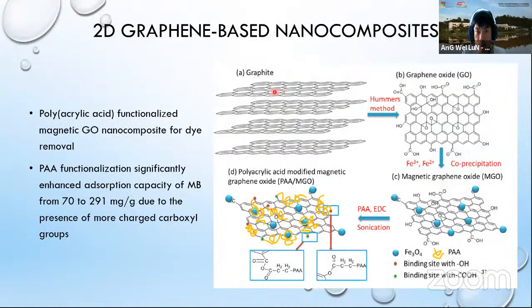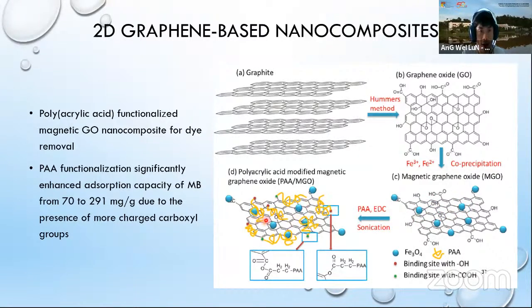So this is another example, okay, on the modifications of the graphene oxide. They started with graphite, and then you use the Hummers method to oxidize it into graphene oxide. Then you put on, in this case, iron oxide magnetic nanoparticles, and then you introduce other polymers.